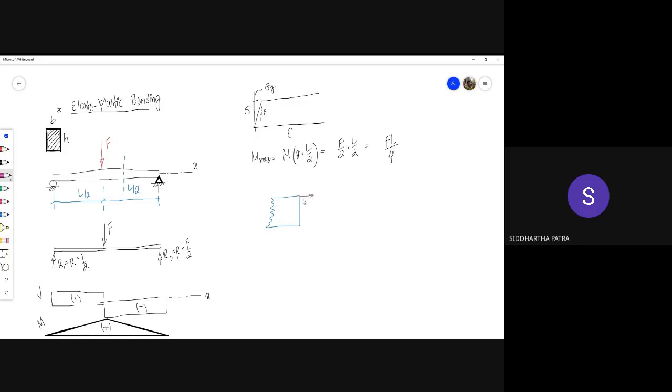And let's say with the example of a rectangular beam, we know some stress distribution that we are going to get. Now this is typical of within the elastic limit. So this is how the stress distribution would behave within the elastic limit.